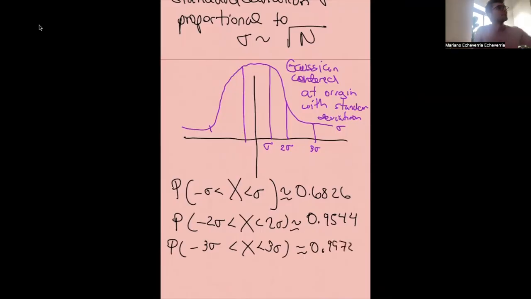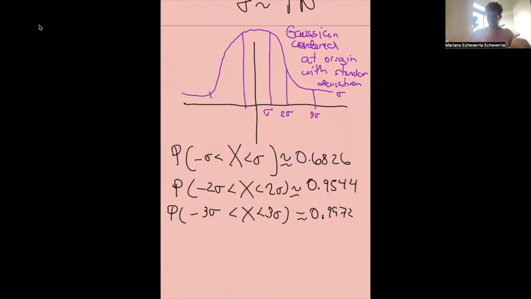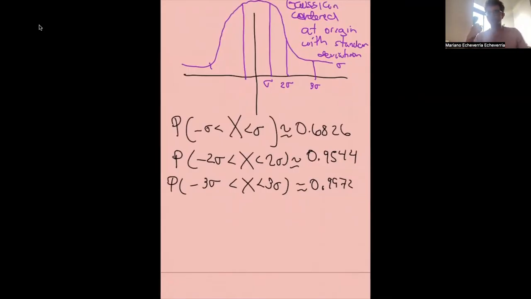This is saying that within 3 standard deviations on either side, there's almost a 99% chance that the values the random variable takes in the normal Gaussian are between minus 3 and plus 3 standard deviations. So what does this say in our case? As you noted, the standard deviation is proportional to the square root of n.